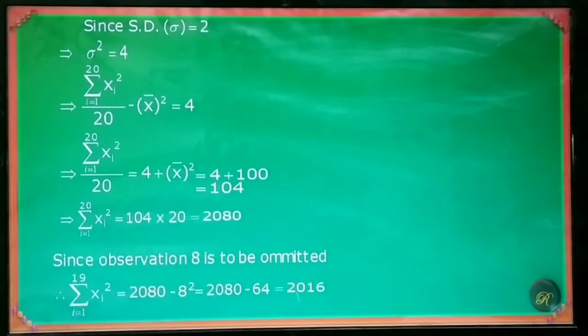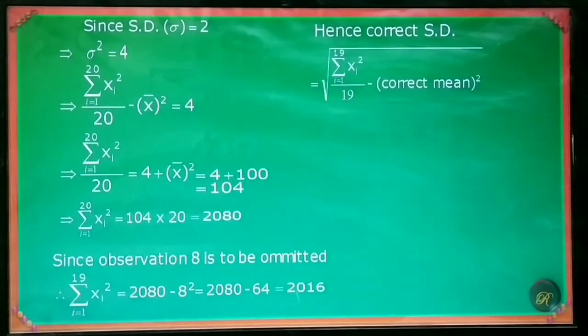Hence, correct standard deviation is equal to square root of sigma xi square, i is equal to 1 to 19, divided by 19 minus square of correct mean is equal to square root of 2016 divided by 19 minus 10.1053 whole square. Try to simplify. It may take a little bit of time.